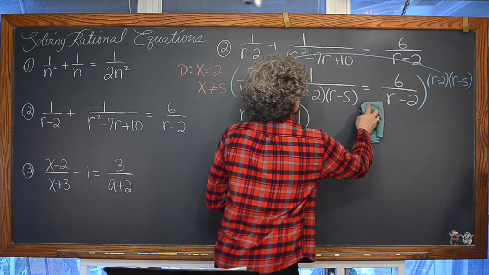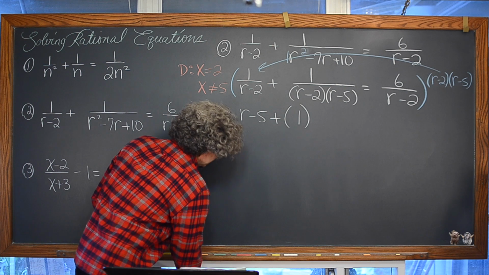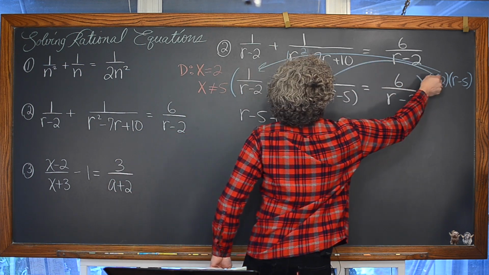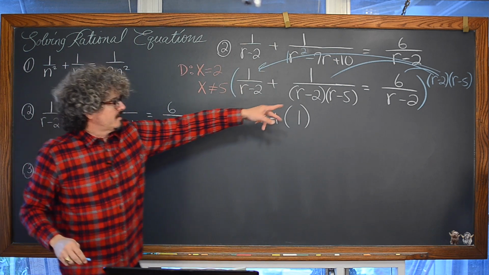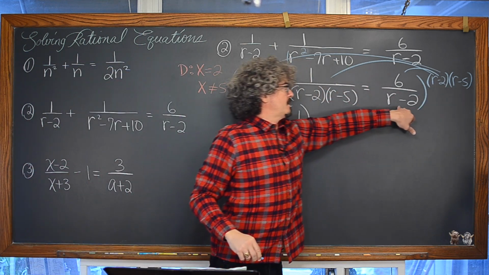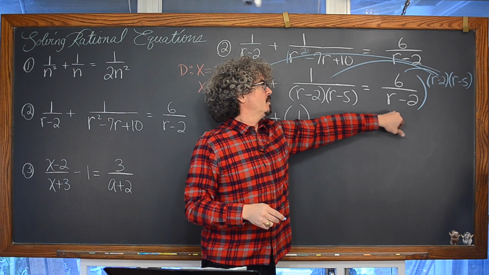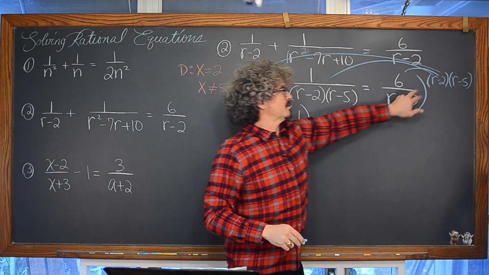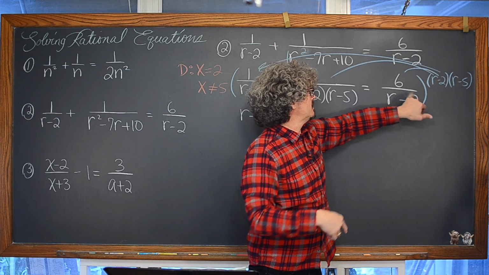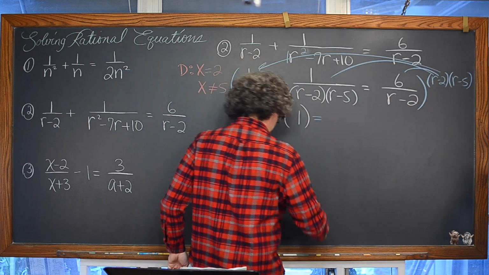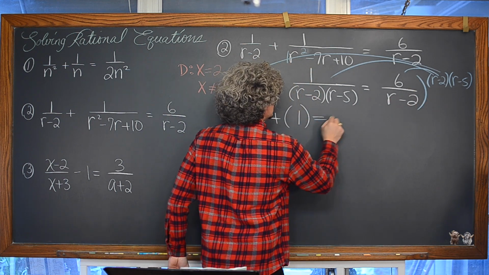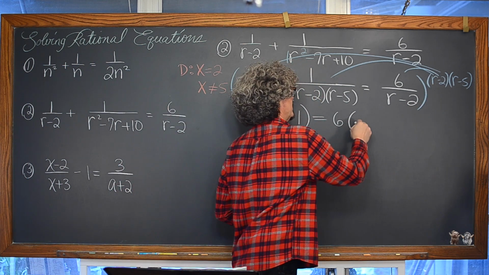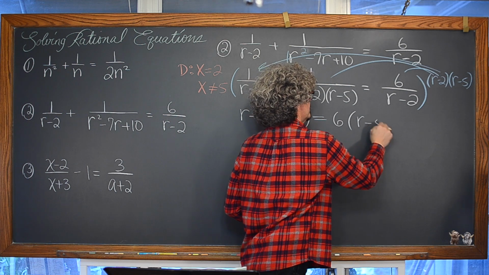Now, as we keep going, we're going to do that r minus 2 times r minus 5 times 6 over r minus 2. Now that division of r minus 2 is going to cancel with the factor that I'm multiplying in, leaving us with just equals 6 times, I'm going to go ahead and write this, the r minus 2's are canceling out, so we have 6 times r minus 5.